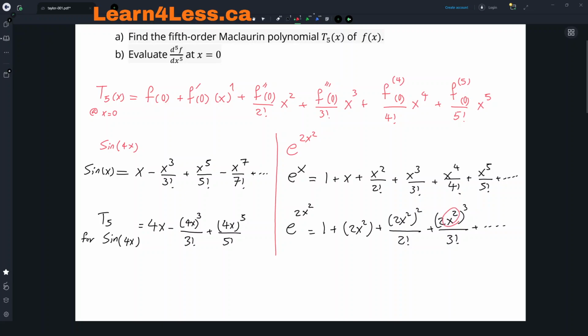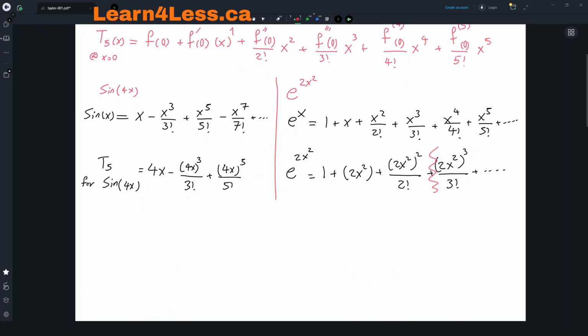Here it's x squared cubed, which is x to the 6 overall. So actually, we don't need this one either. We just stop here. So I can just write that the T5 for e to the power of 2x squared is equal to 1 plus 2x squared plus 2x squared over 2 factorial. Nothing more.